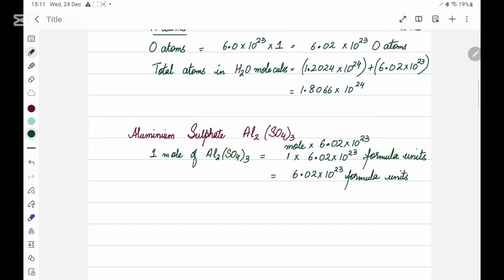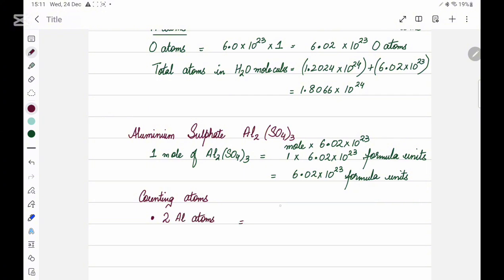Now if we want to count the atoms there, you must know how many aluminium atoms there are in Al2(SO4)3. There are basically 2 aluminium atoms.